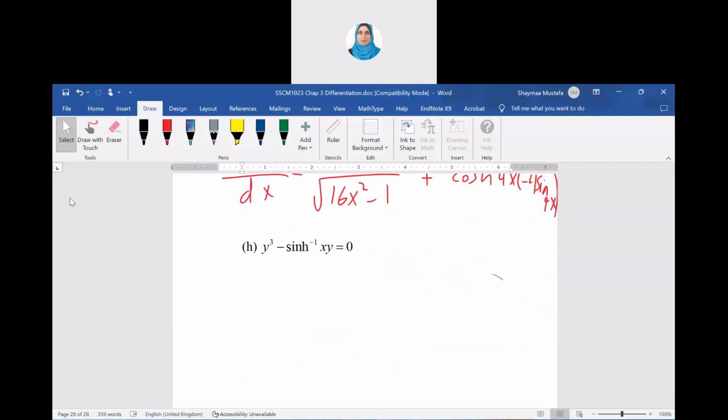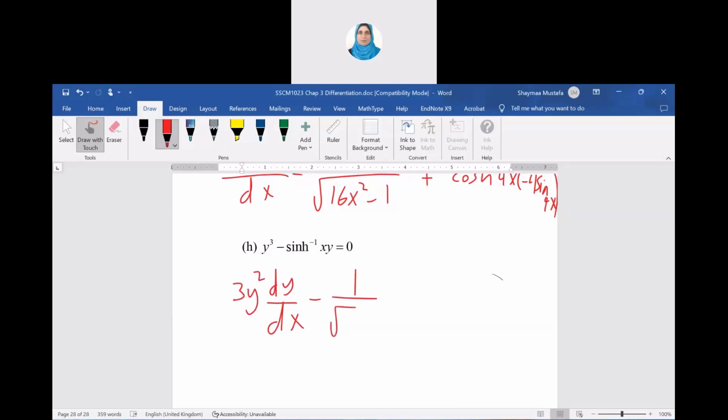And the last example is the implicit one: y cubed minus sine inverse of xy equals 0. So I need to find the derivative of each term. You have 3y squared, because the variable is y, so dy dx, minus sine inverse of xy.